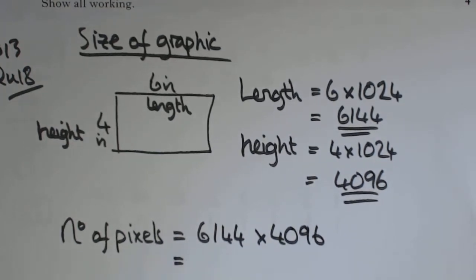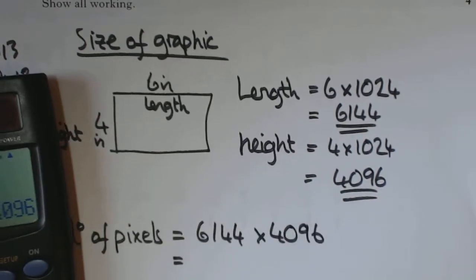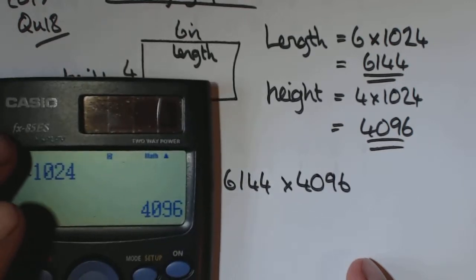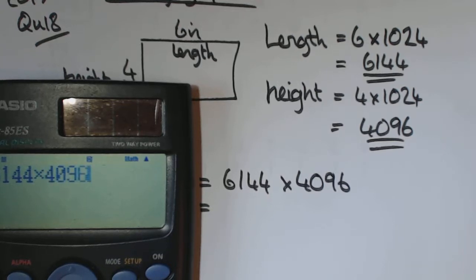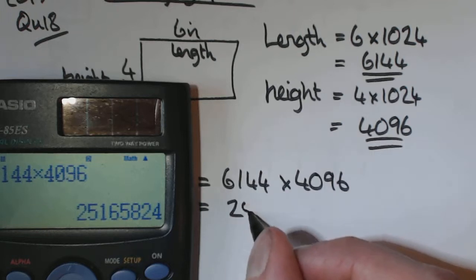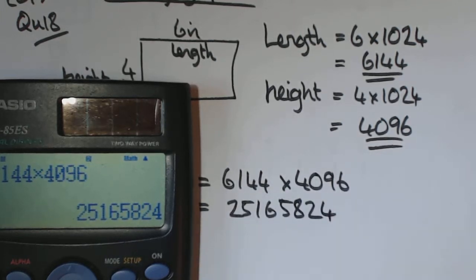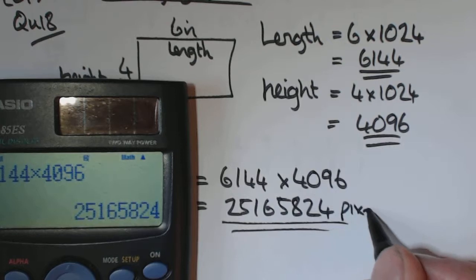The more you practice, you'll eventually take wee shortcuts and have all the calculations in the one calculation. So that's 6144 times 4096, and this gives you the number of pixels altogether, quite a large number.